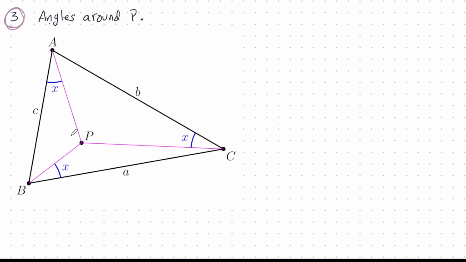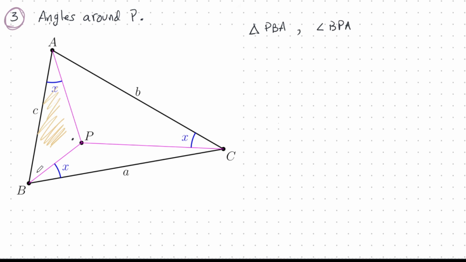Now let's look at the angles around the Brocard point, P. What do I mean by that? Well, there's P, and I want to find these 3 angles here, this, this, and this. And luckily, they are not hard to find. Let's start by examining this subtriangle here. So we will look at the corresponding angle over here.